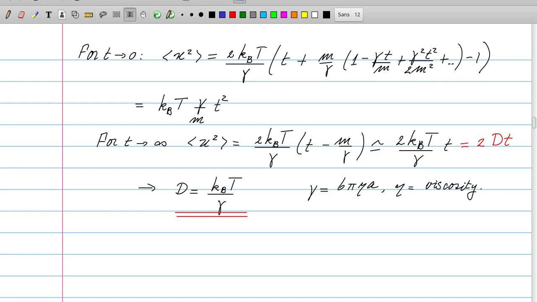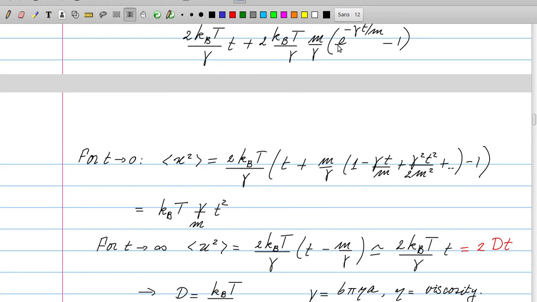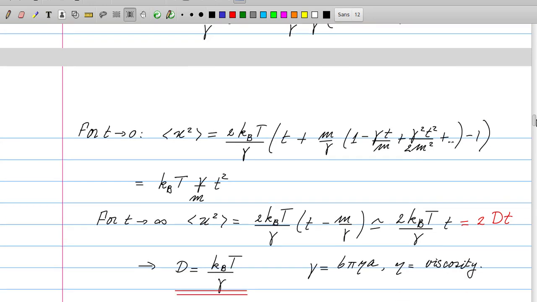For large times, we can calculate the x squared too, and in that case let us go back to the original equation. Then the exponential will decay, and so we are left with this term and a term with a 1, but when t is large, this term will be much larger than that term, so we can safely neglect the minus 1.